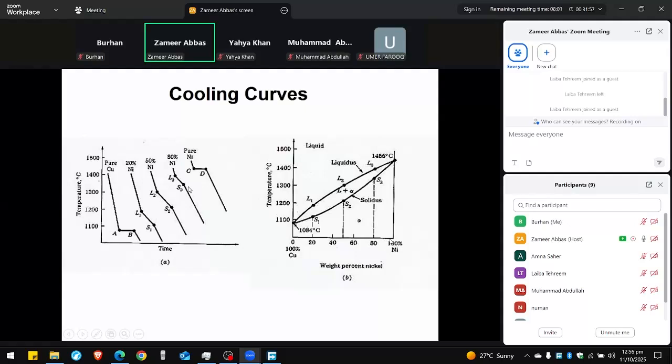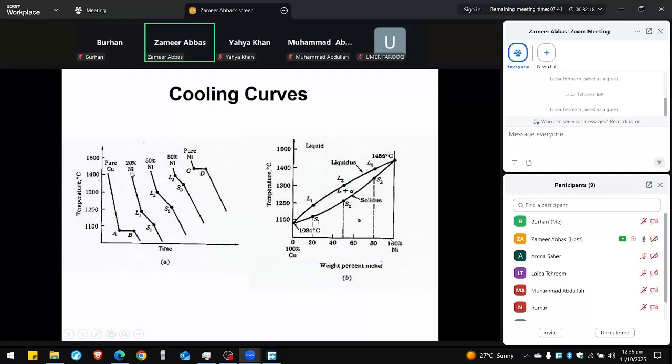This is a copper nickel alloy, which is an isomorphous system, soluble in liquid and solid conditions. So let's say if there's 20% nickel, at this point, which is the liquidus, there is a change in slope of this line, and again at solidus there is again a change in slope.